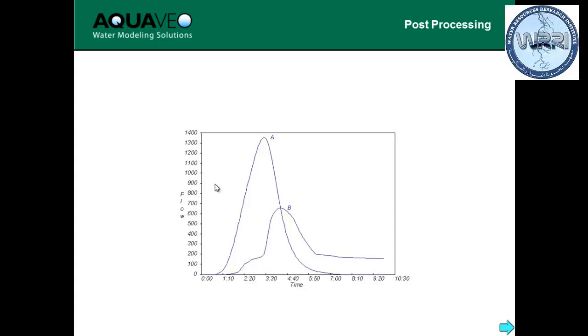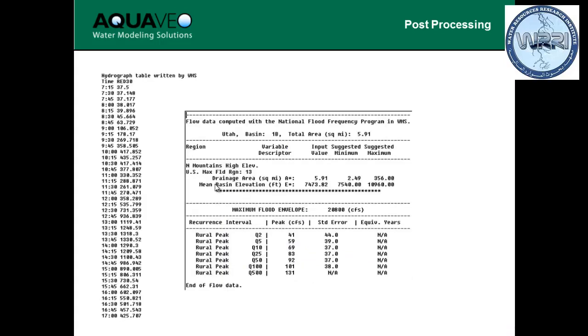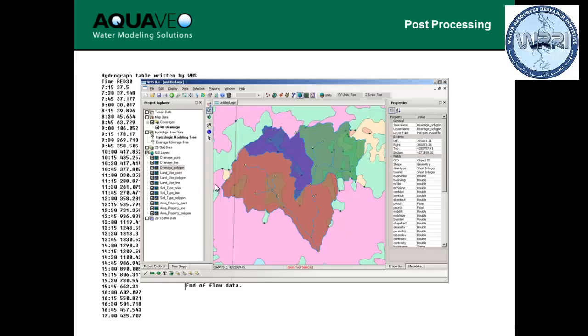Also, WMS does post-processing, so you can look at hydrographs that were computed and just view those hydrographs. You can look at output files. So these are some output files from running different models in WMS. You can also export your WMS models.